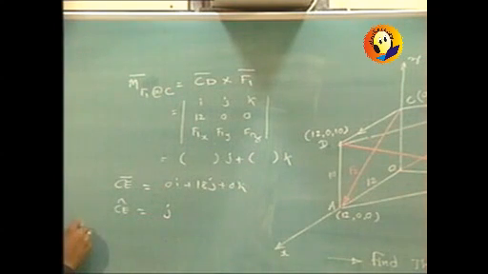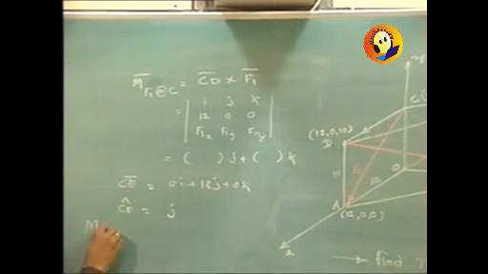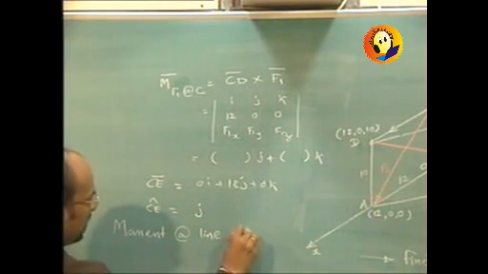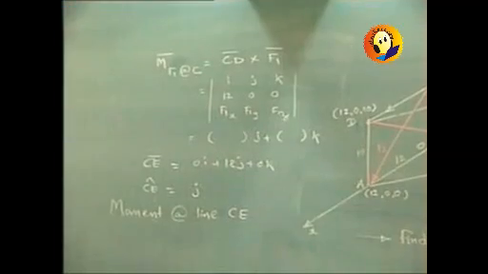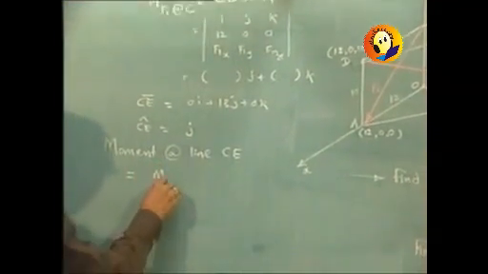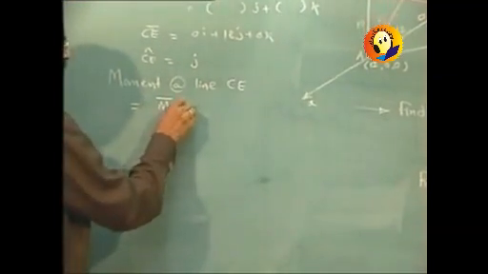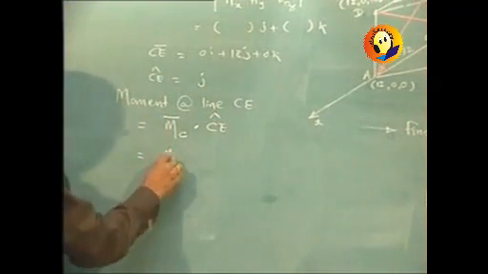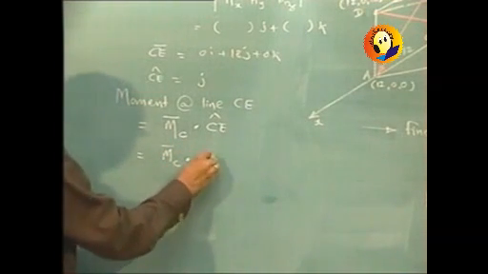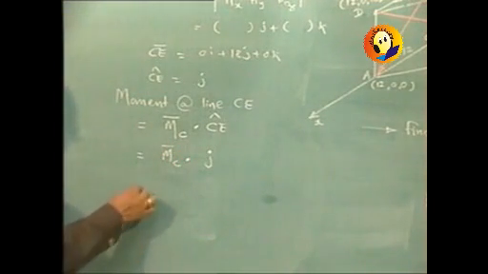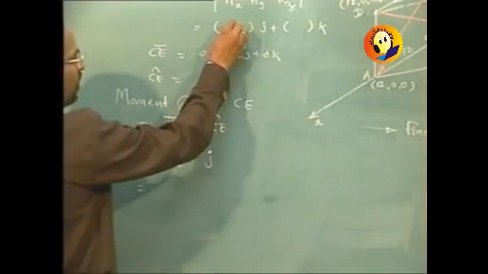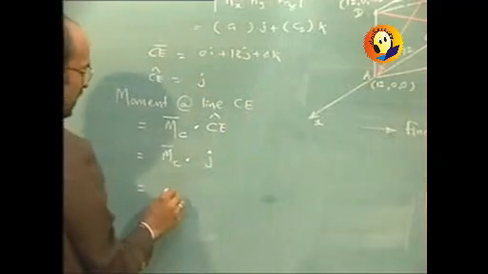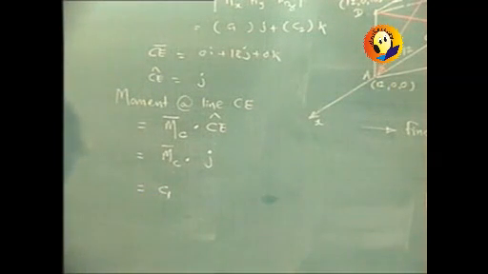And as per our formula, the moment about line CE will be equal to the moment about point C dot CE cap. We have already calculated the moment about point C. Dot CE cap means dot j. And so, if I call this C1 and this C2, the answer is going to be only C1.